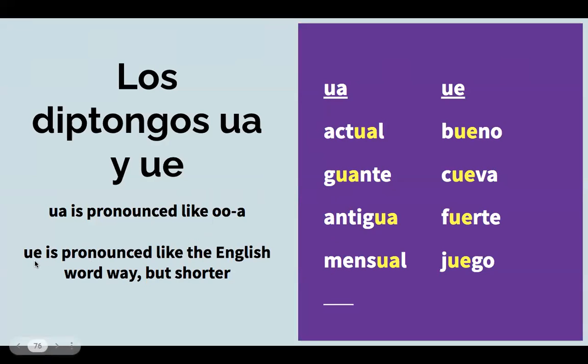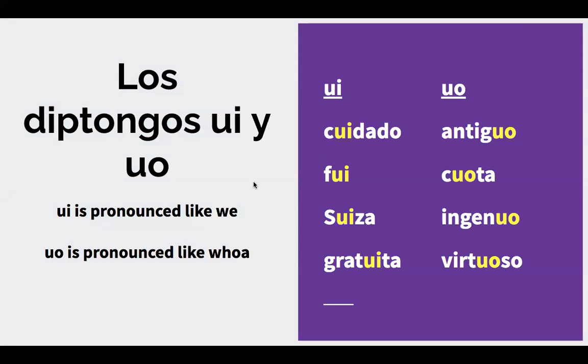The UE is pronounced like the word we, but shorter. Repitan: bueno, cueva, fuerte, juego. The diphthong UI is pronounced like we.